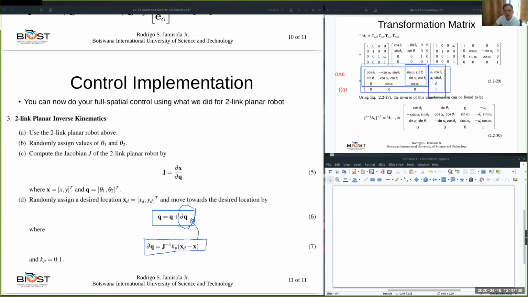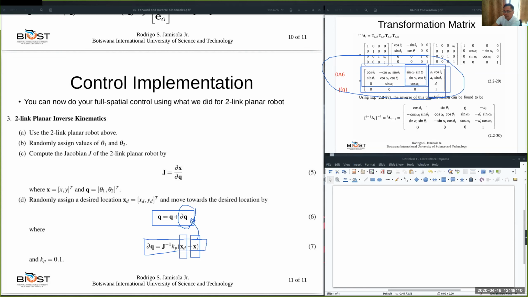Now this part here is the actual position and orientation, and this is the desired position and orientation, which we discussed previously. So the error in the position and orientation is multiplied by the KP gain times the inverse of the Jacobian, which we compute from the relationship of the transformation matrices.